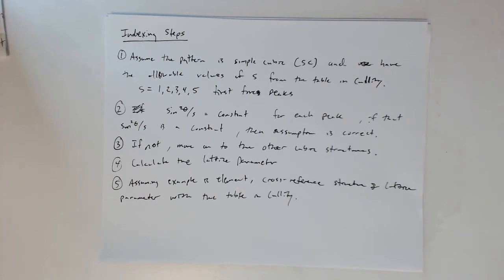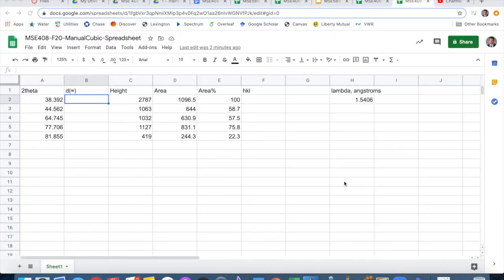So we'll go ahead and get to the actual example. I've got an unknown sample here that we're going to index using the manual cubic method that we just talked about. So 2 theta is given, height, area of the peaks, percent area of the peaks. All of this was gotten from peak fitting.